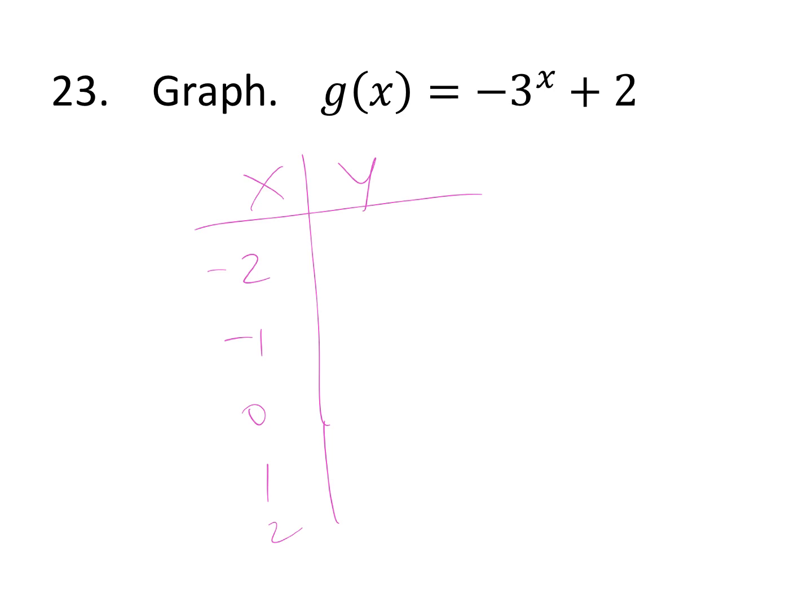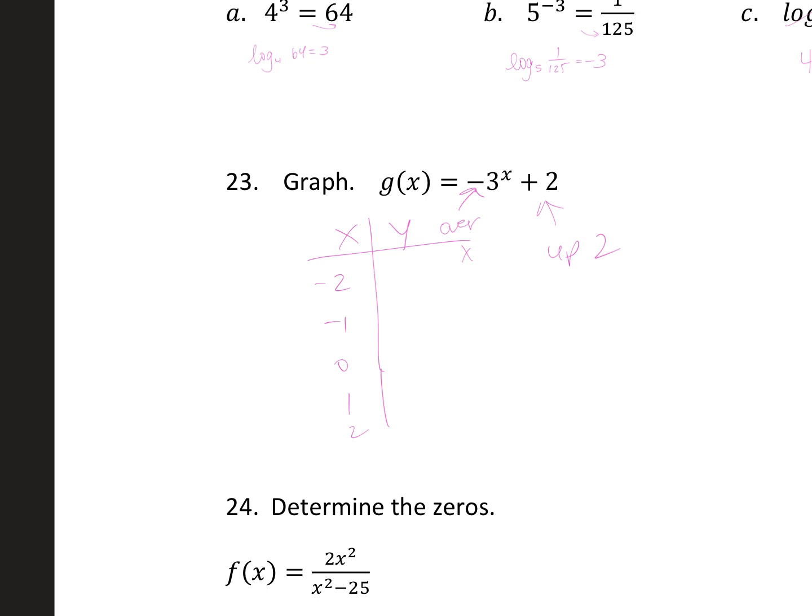To make sure you plug things into the calculator right, what should this graph do? It's going to reflect over the X, and where is it going to move? Up 2. So in your mind, before you do this problem, you should say, okay, it's going to flip over the X, and it's going to move up 2. Then just use your calculator, plug in a table of values, you're good to go.